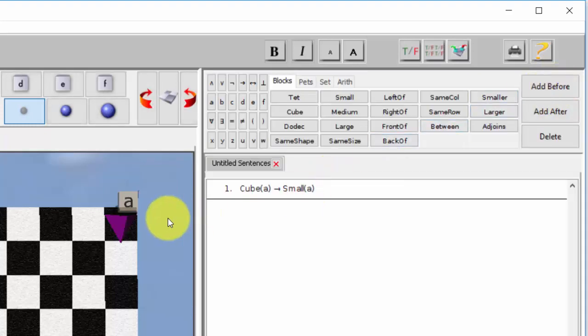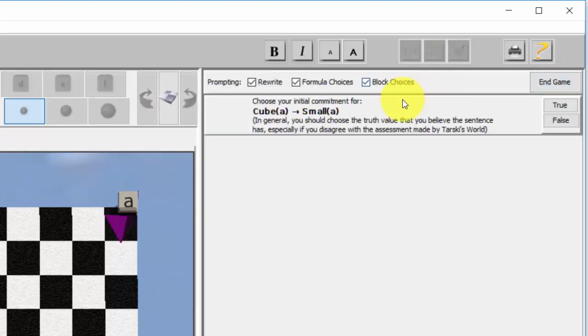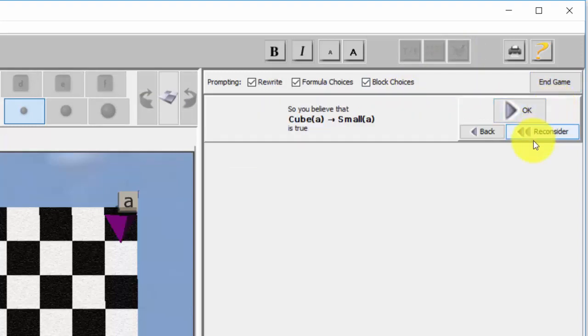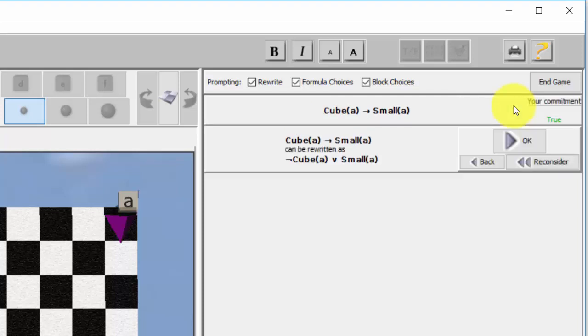Okay. Let's take a look at what it looks like when we say that that sentence is true. Yep. I think that if A is a cube, then A is small is true. We've already seen that it can be rewritten as it's not the case that A is a cube or A is small.